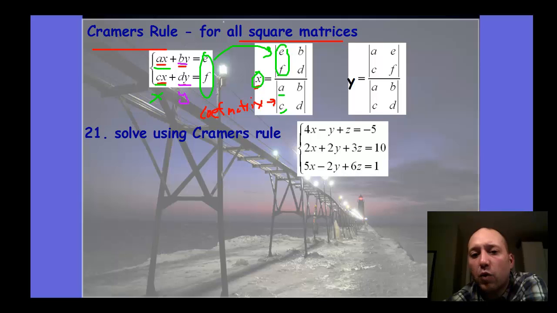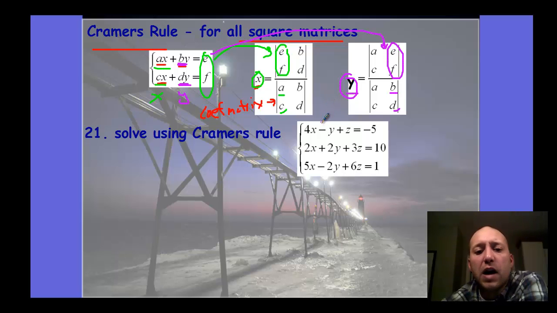If you're doing that for y, we're going to take the y column, which is B, D, and replace those with the E, F. So we're going to take E, F and put them in the y column. And so that's how you set up for Cramer's rule. And then you just evaluate. You find the determinant of both, and you divide, and then that's going to be your y value.